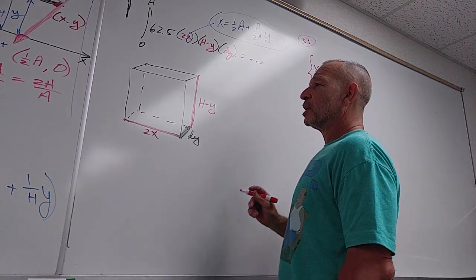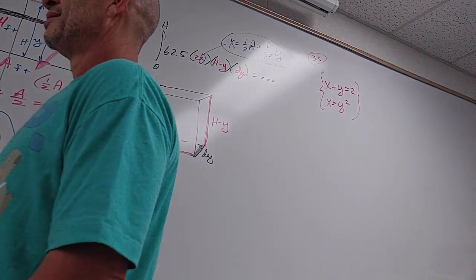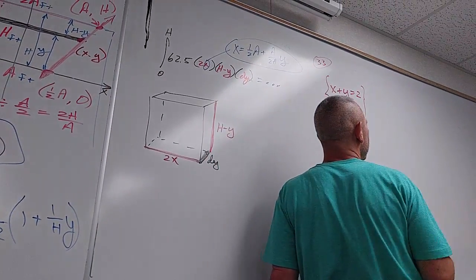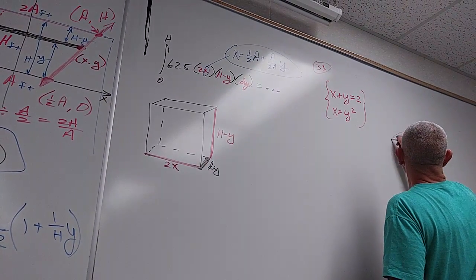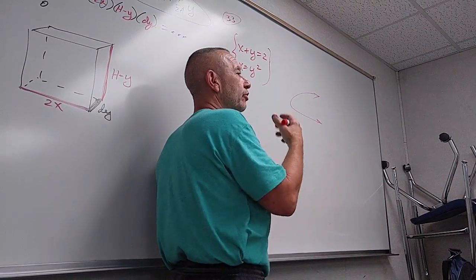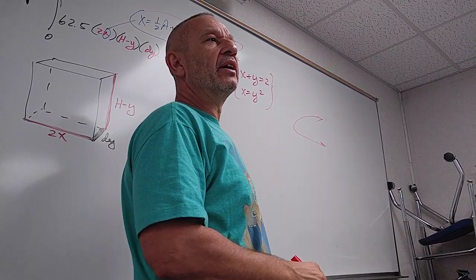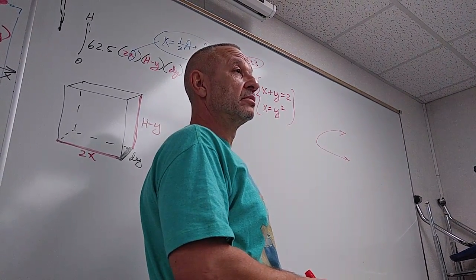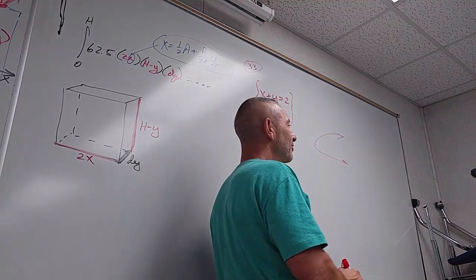Well, do we need to draw it? I guess, sort of. I mean, x equals y squared, we know that's a parabola that opens this way. What's the slope of that line, positive or negative? Negative, very good.